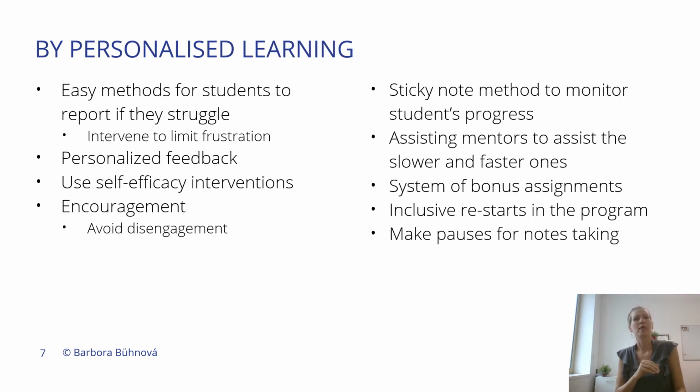And then from the last group, I would like to present shortly. I would say this is the most important one. It's about personalized learning, where the literature mostly speaks about limiting frustration.